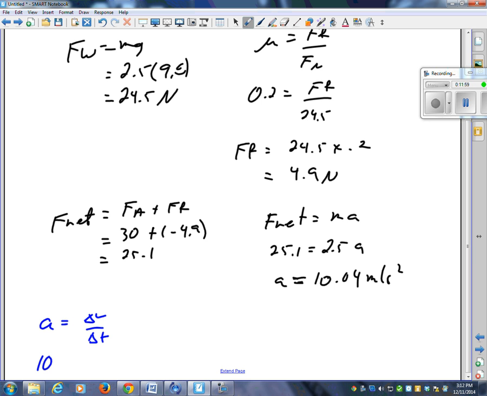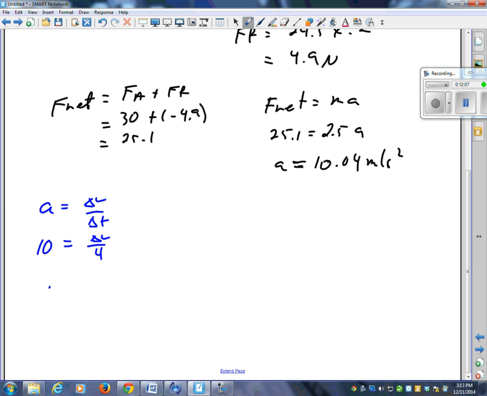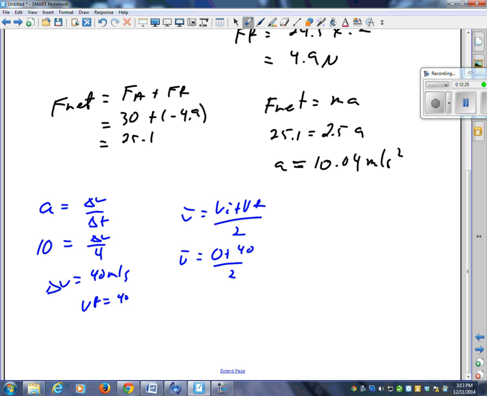Let's just round that to 4 for easy figuring. 4 seconds, making my delta v 40, which means the final velocity is 40. So now we're going to solve for v bar. There's a lot of steps here. v bar is 20.